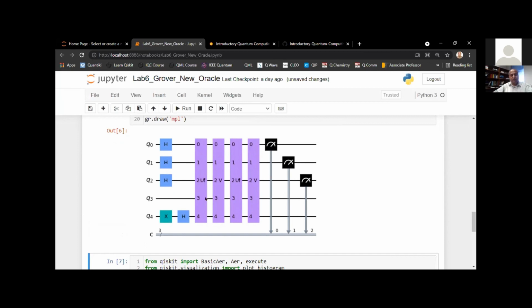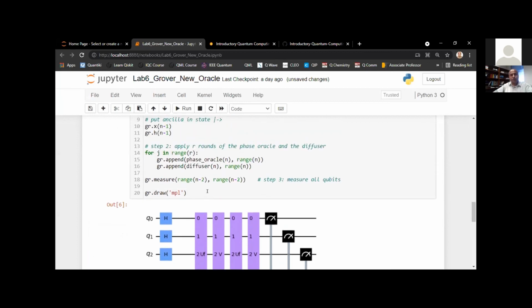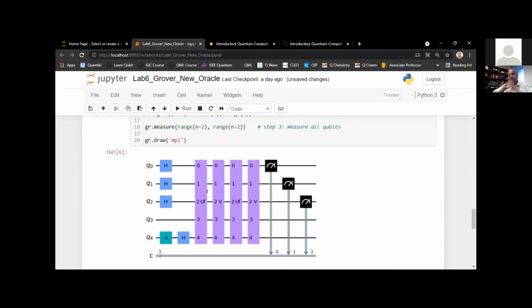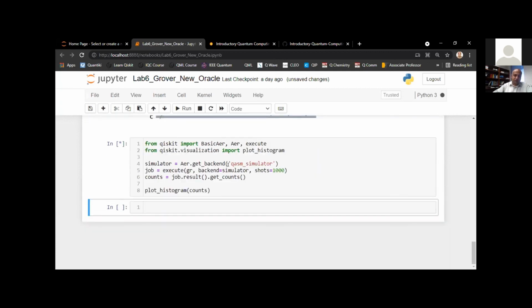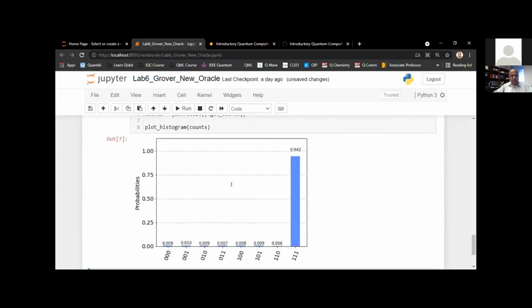You see for this case, there are two solutions that I have marked, not one solution, because your database can contain more than one solution. For two solutions, your R comes out to be 2. So I have 2 repetitions of this UF and V. After these 2 repetitions, if you run this algorithm, this is just on the simulator.